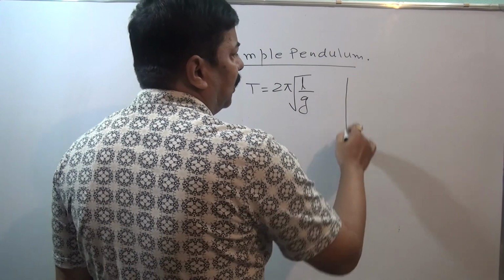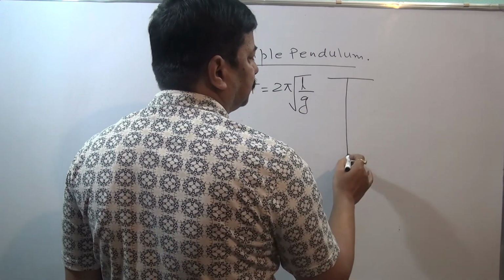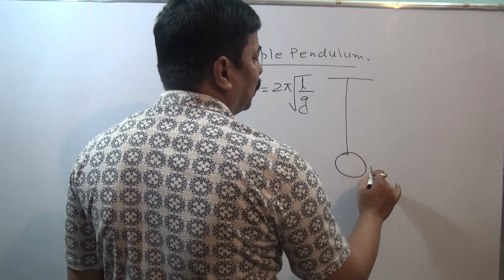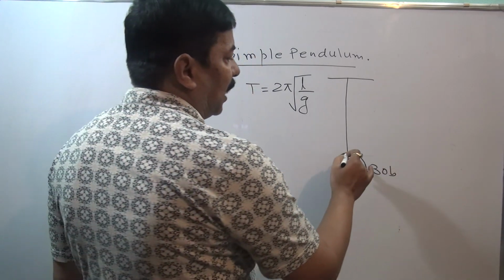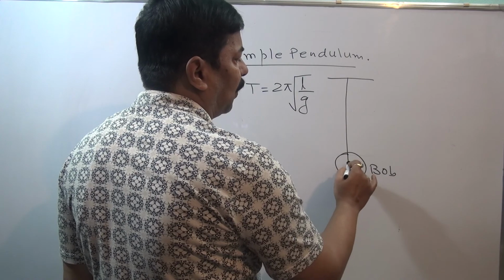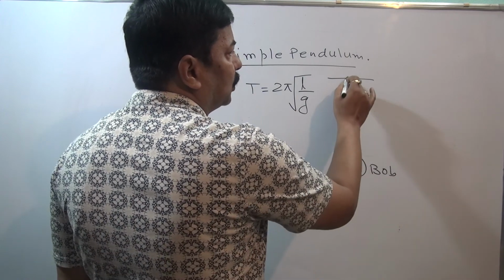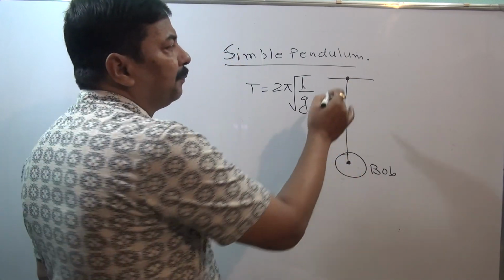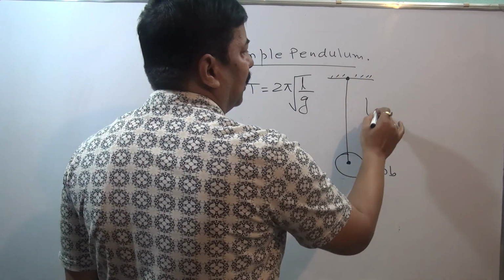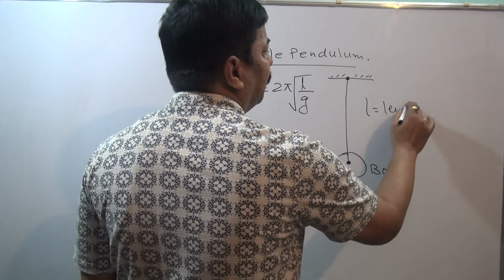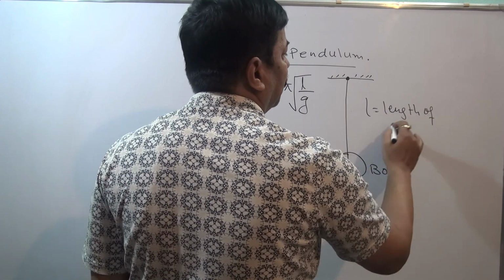So this is the pendulum and this is known as bob, which is metallic, and from the center of the bob to the point of suspension the length is this L, that is the length of pendulum.